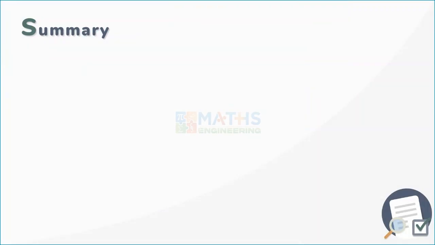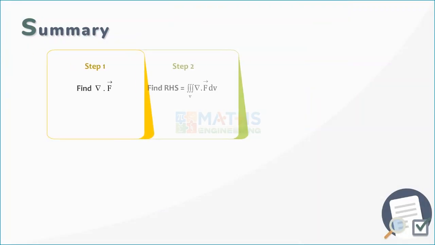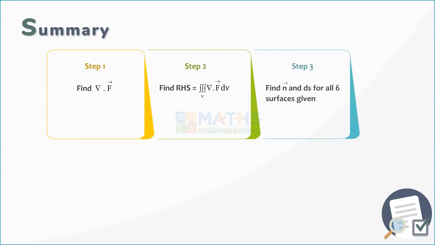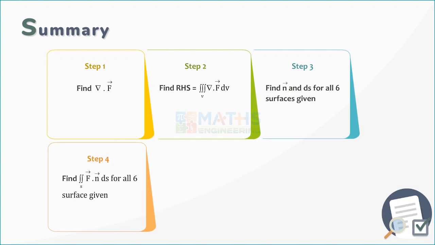Let us summarize. We first find del dot F vector value. Then we find the right hand side. The right hand side is equal to the triple integral over V of del dot F vector dV. We find n vector and dS for all 6 surfaces given. Then we find the double integral over S of F vector dot n vector dS for all 6 surfaces given.